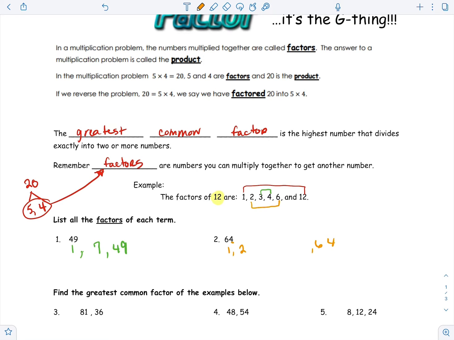So 2 times 32 is definitely going to be a part of that. 3 is not going to be a part, but 4 can. 4 times 16. 5 is not going to be a part. 6 is not. 7 is not. 8 can.